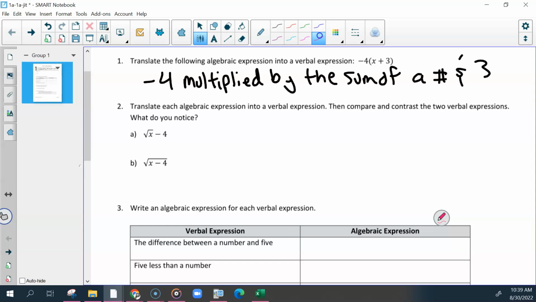Some of you wrote out -4 times the sum of a number and 3. Some of you switched this and said the sum of a number and 3, all multiplied by -4. All of those would work. Who had something similar or the exact same thing? A lot of us. Good. Anyone else want to share theirs to see if theirs would work?